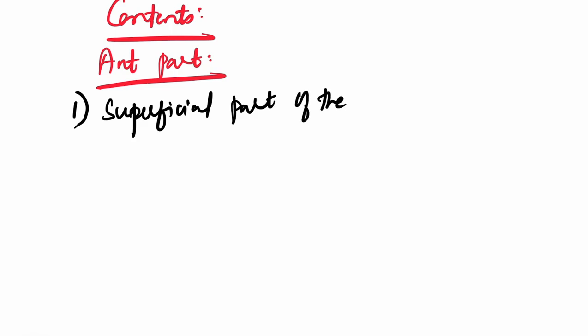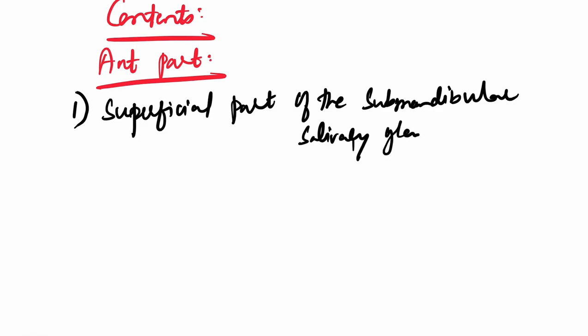First one is the superficial part of the submandibular salivary gland, which is a very important content. Also it has the facial vein and the submandibular lymph nodes which are superficial to it.